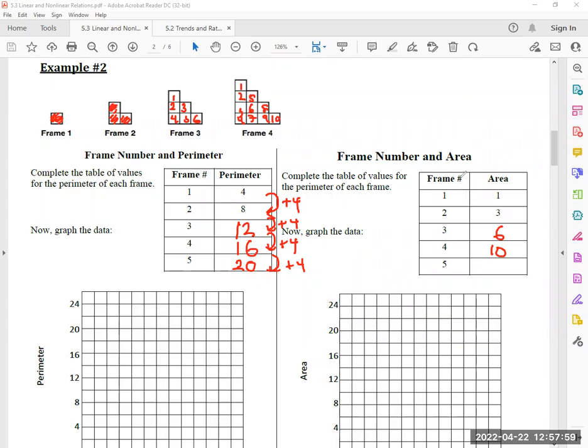But is there a pattern? Is there a relationship? Well, let's take a look. How much did I increase by? 2. How much did I increase by? 3. How much did I increase by? 4. So it makes sense that the next number should be... Is my rate of change positive?